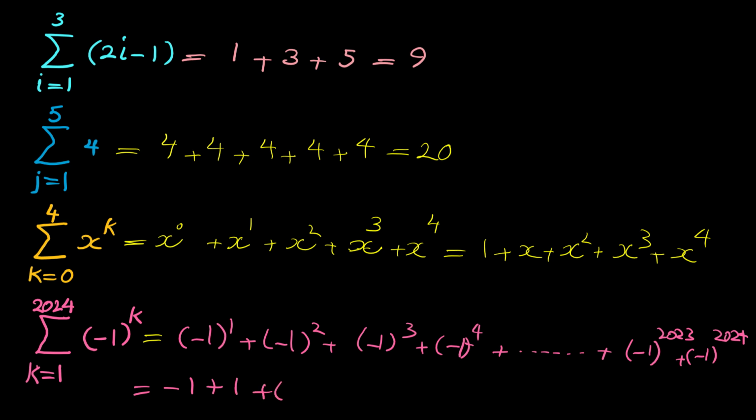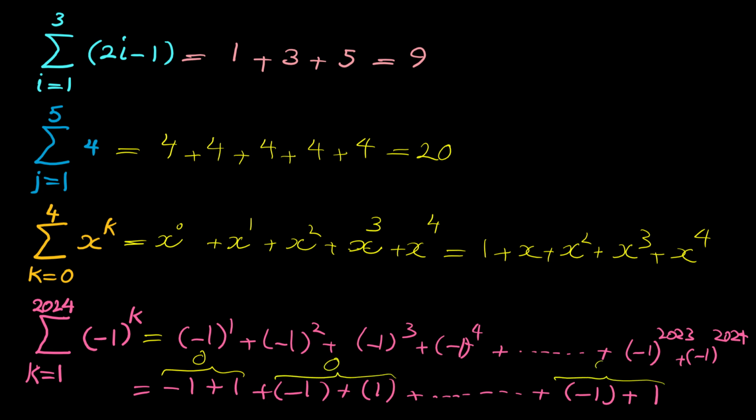The next term is again negative 1. The next term is positive 1, negative 1, positive 1, and so on. And this pattern continues up to negative 1 to the 2023 is again negative 1. Negative 1 to the 2024 is 1. The sum of each two consecutive terms is 0. The sum of these two is 0, the sum of these two is 0, and the sum of these two is also 0. So the total sum is 0.